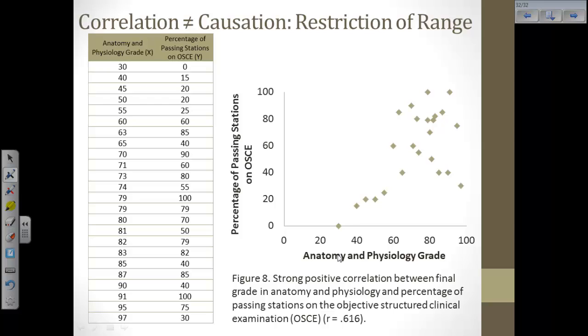Or maybe we're just really, really desperate for medical professionals and we just stop looking at anatomy and physiology to determine if they can become a medical professional. Well, just by adding these five to this data set, if you drew a circle around this, it would look a lot narrower, a stronger, more linear relationship. And if you calculate this out, it becomes a strong relationship and it actually becomes a positive correlation. So restriction of range is a serious problem.